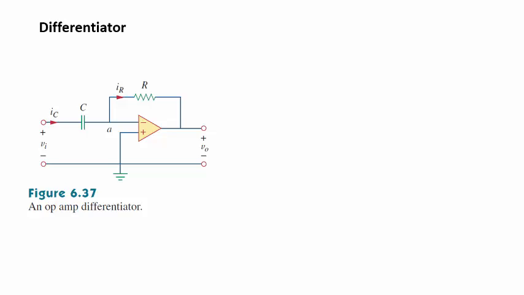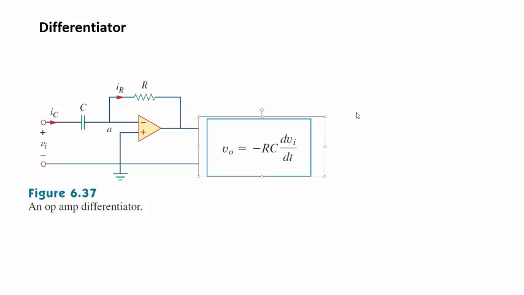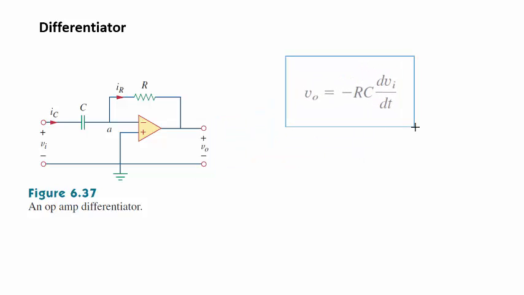When we apply the same rules for op amps, current in equals current out, apply KCL, and we will get V out is inverted of the rate of change of the input. So we differentiate the input voltage, and it's inverted because it's in an inverting configuration. So V out is proportional to the derivative of the input voltage.